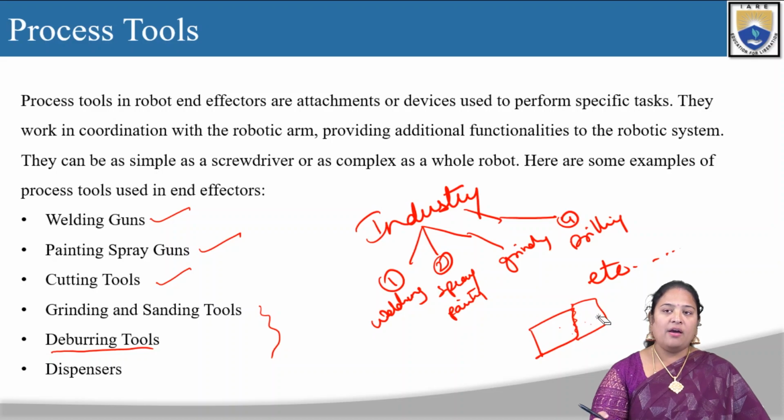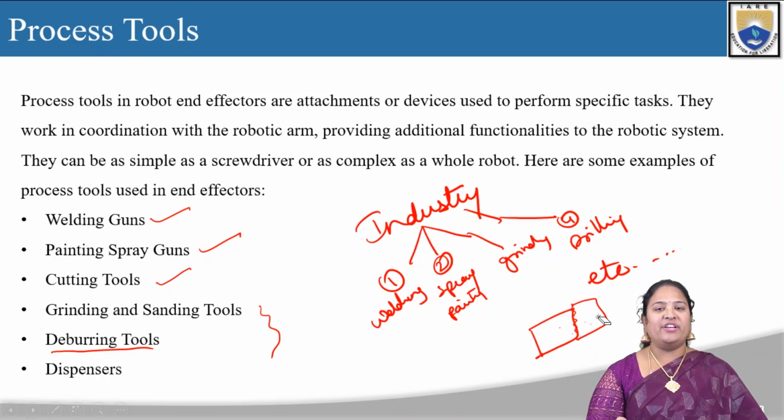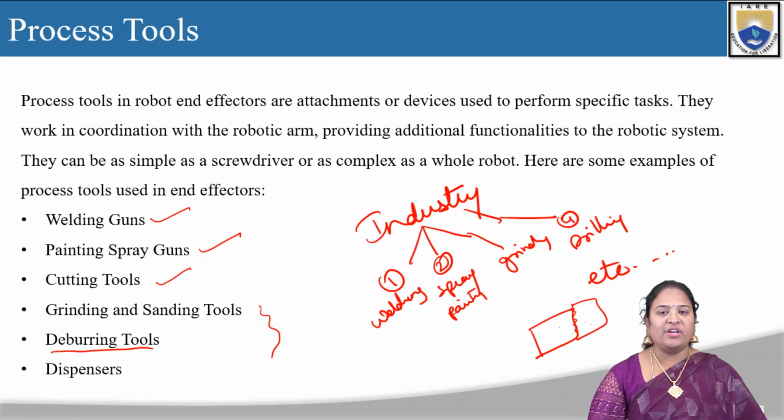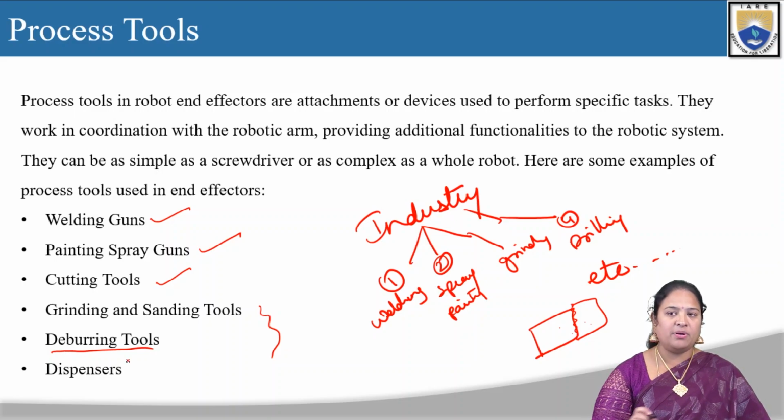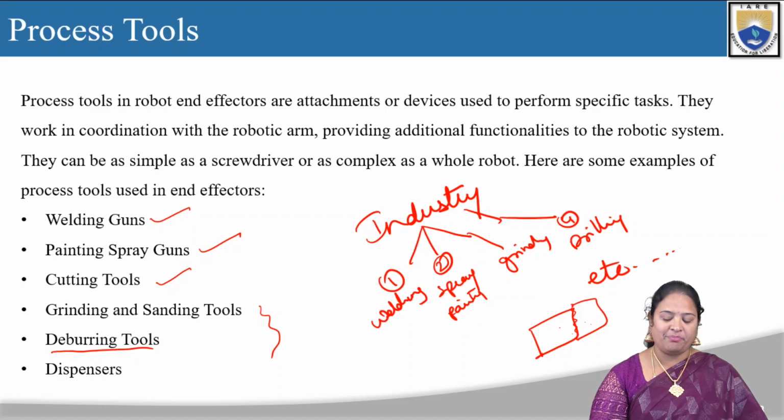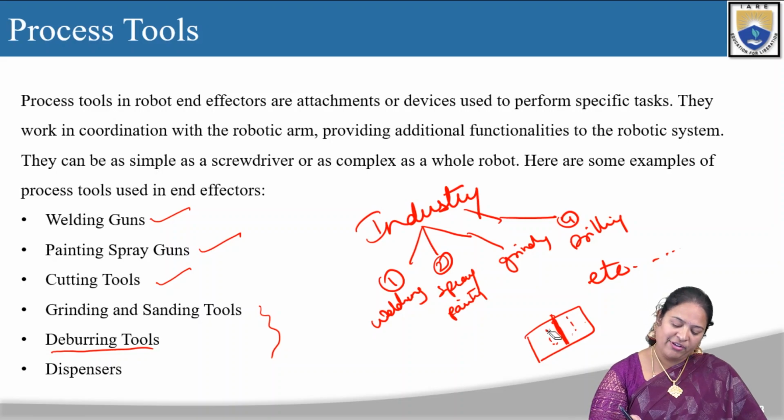But when we have a very small product, a very small object to be worked on, there we will be using a deburring tool. As I've told you, like this particular knob of the pen, we will be cleaning it in a very precise form. When we have these weldments being created, we will be cleaning them in a very precise form in this particular way.